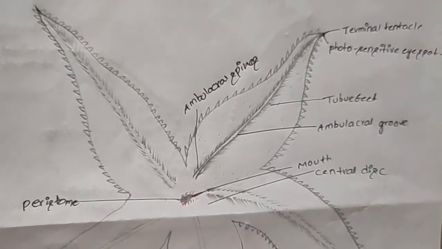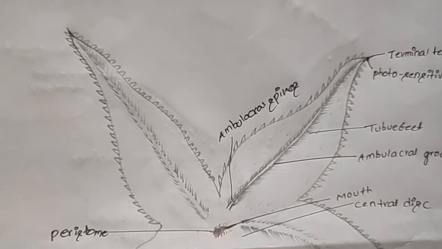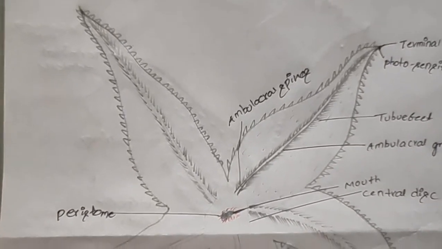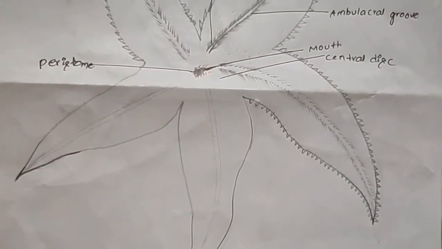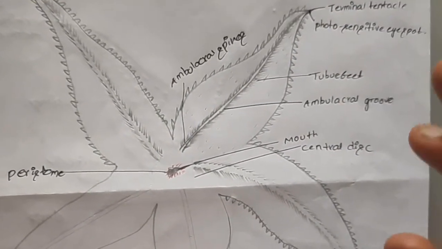This is the structure of the oral surface, which is normally present towards the substratum and contains the mouth, and this oral surface is dark orange to purplish in color, and is normally attached to the ground.